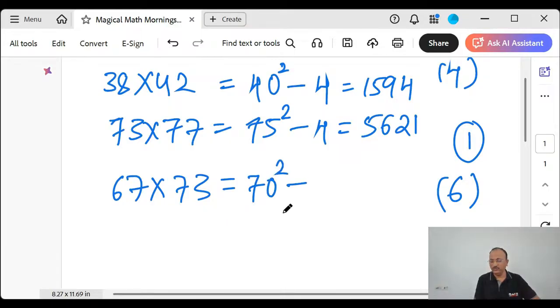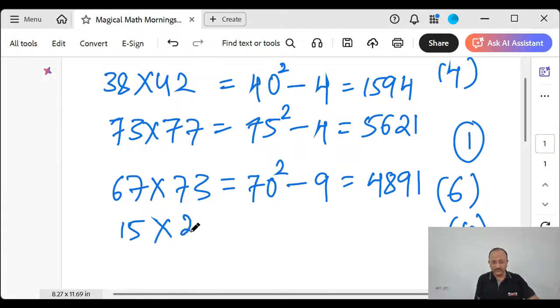We do 70 square, but instead of subtracting 4, I will subtract 9. 70 square is 4900, minus 9 is 4891. Sorry, why should we subtract 9? Because the difference is 6, half of it is 3, and 3 square is 9. If the difference is an odd number, this technique will not work. This will work only when the difference is an even number. For example, let us take when the difference is 10.